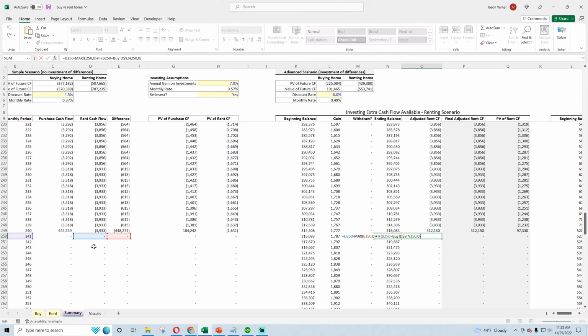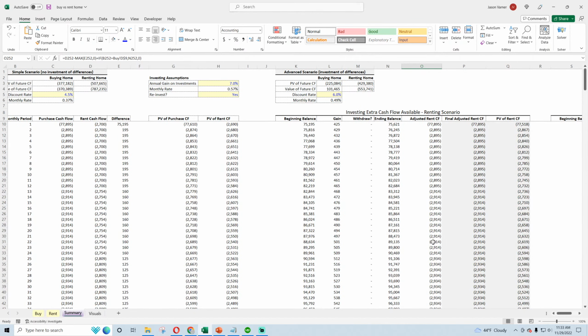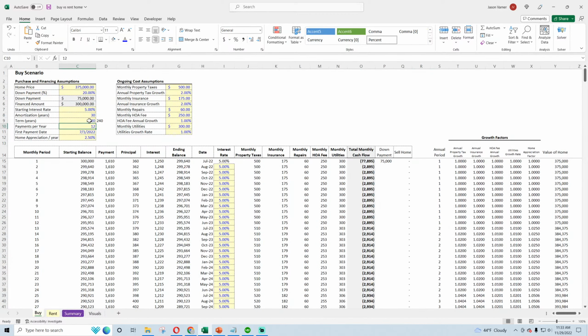So max of E250, 0 plus if. Oh, I got it. It's not taking the ending balance, and then there's nothing else to do. Okay, great, so this is working. Let's put this back to 30 and 30.